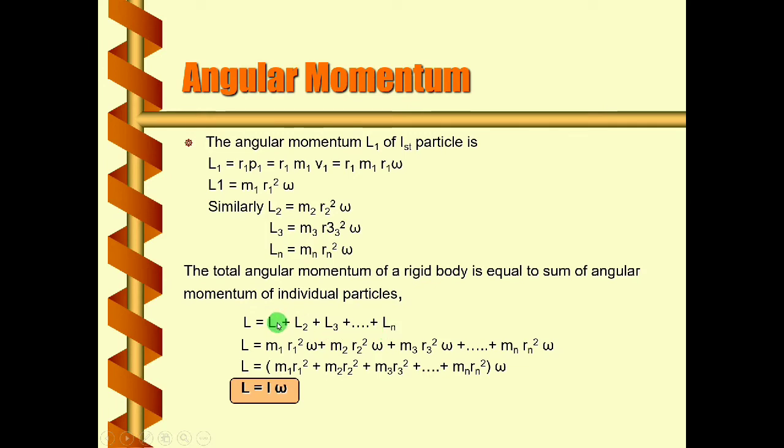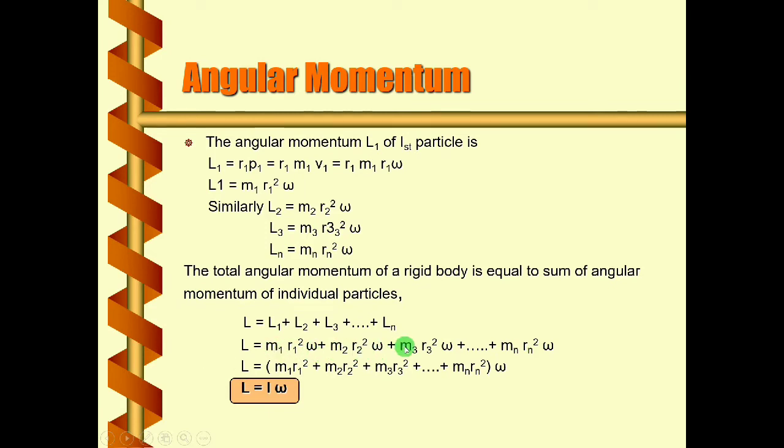Now we put in the values. L equals m1 r1 square omega plus m2 r2 square omega plus m3 r3 square omega plus, up to the last particle, mn rn square omega.